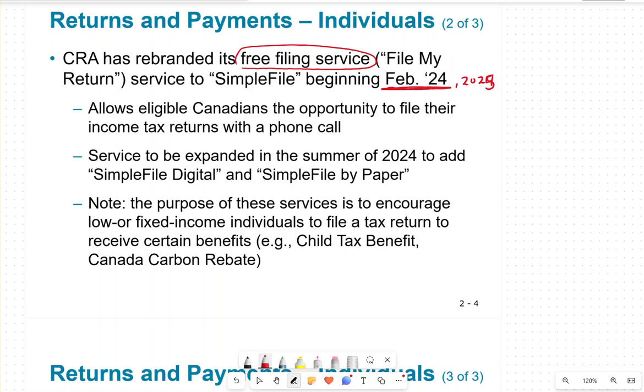What it does is allow eligible Canadians the opportunity to file their income tax return with a phone call. You call them and you file your taxes. This is called a service to be expanded in summer. In the current year we're working on, this service was available to the taxpayer till September 2024.